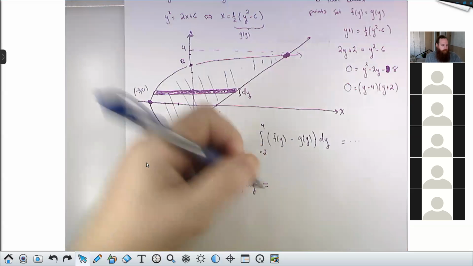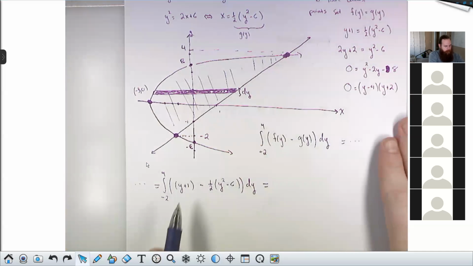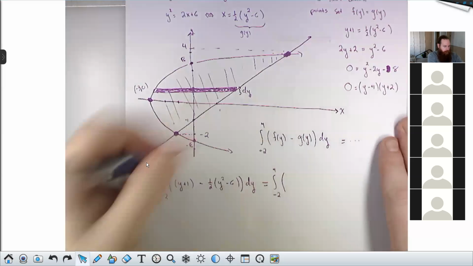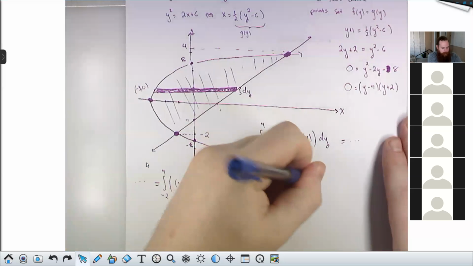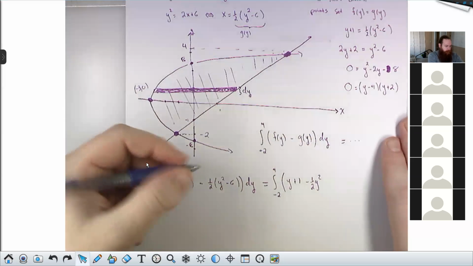Okay, so then we're going to expand all this stuff out, combine all my like terms, find an antiderivative and evaluate. So this is the integral from -2 to 4 of y plus 1 minus 1/2 y squared minus 1/2 times -6 is +3.